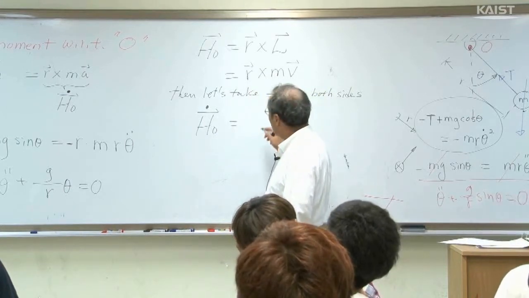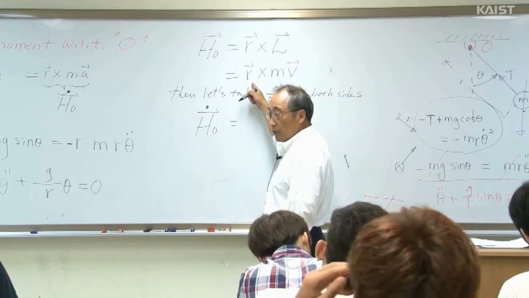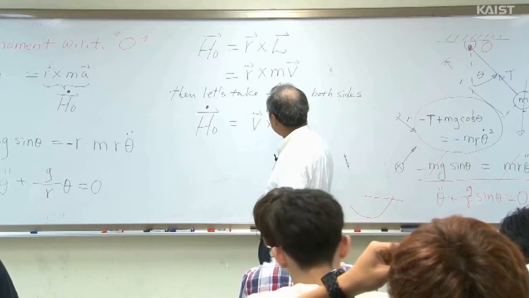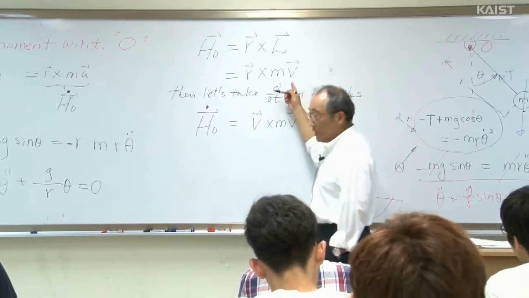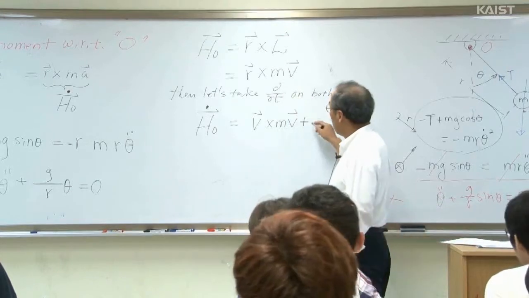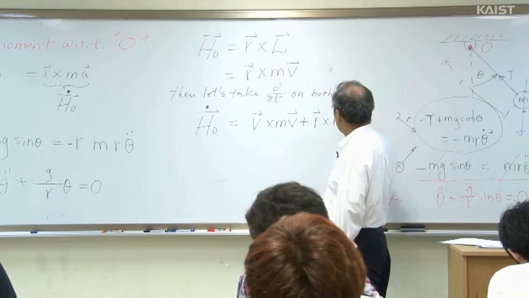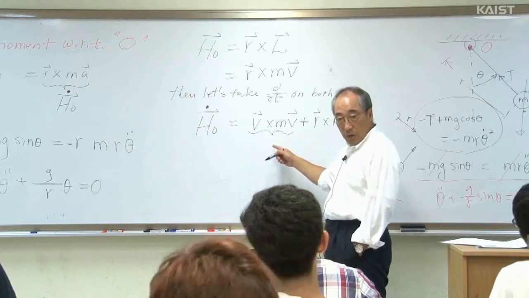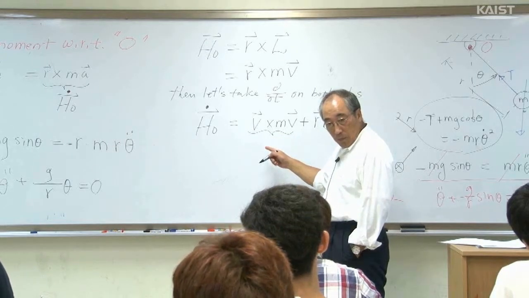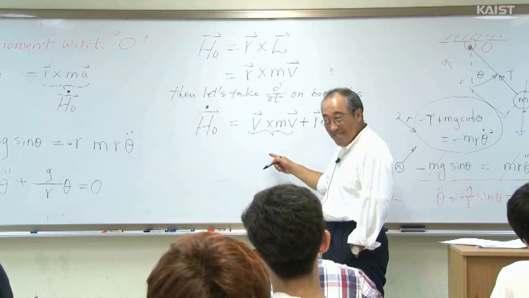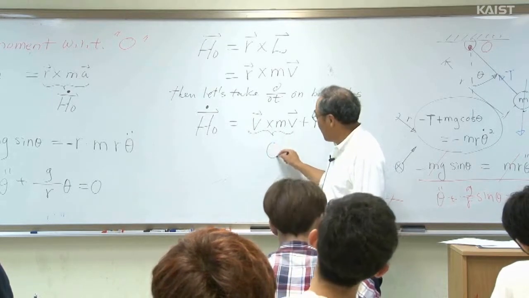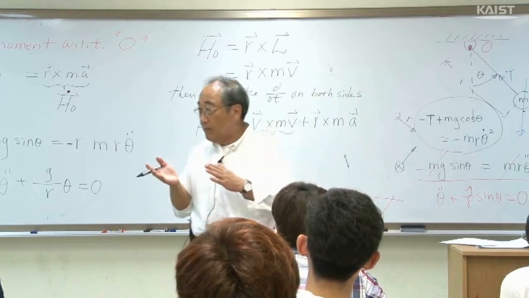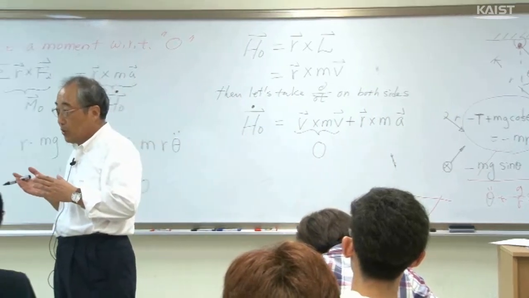Then I got, take a derivative with respect to the position vector, that is velocity, and take a derivative with respect to this one, and this is what? 0? V square or 0? 0, right, because those two vectors are collinear, in parallel, same direction, therefore the cross product is 0.